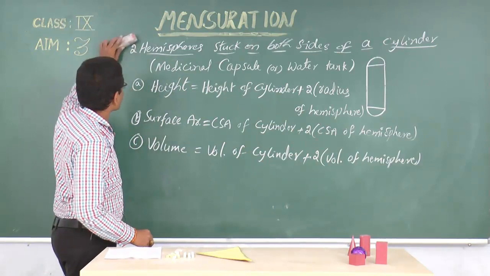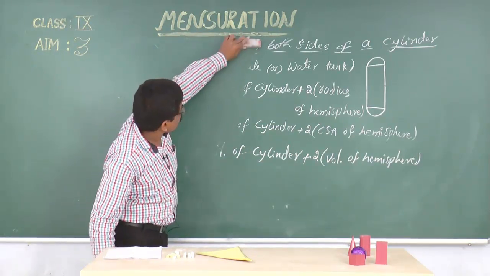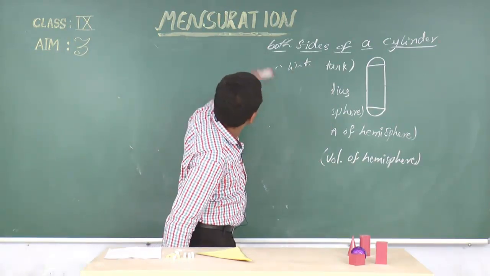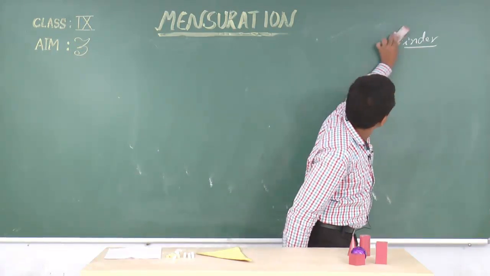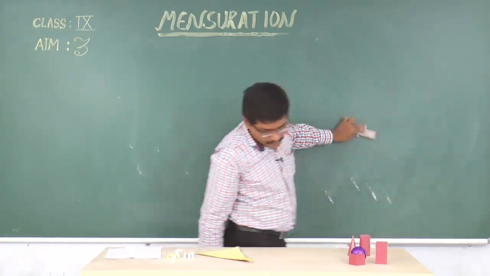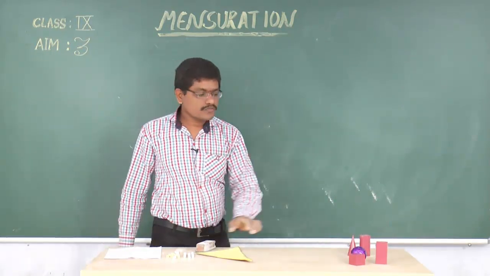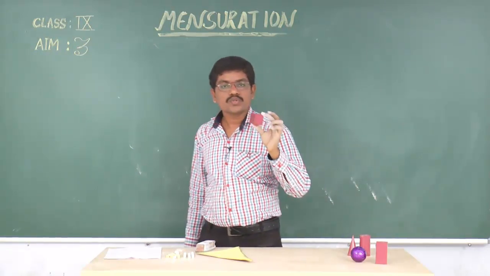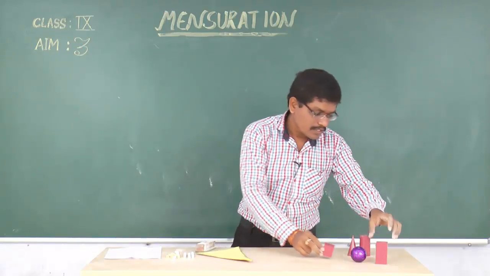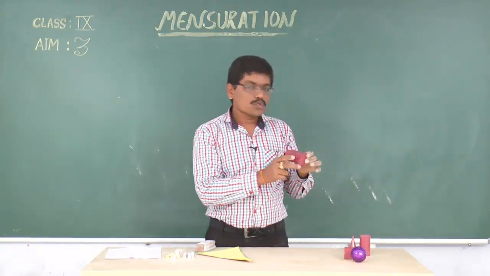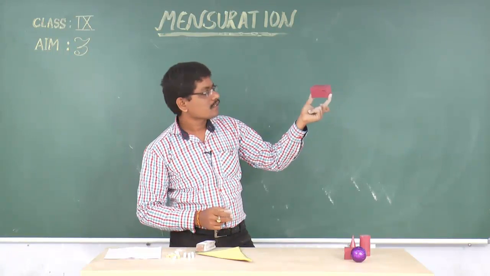And next one is, if we join 2 cubes, this type of 2 cubes, one to one together, then we will get a cuboid like this.